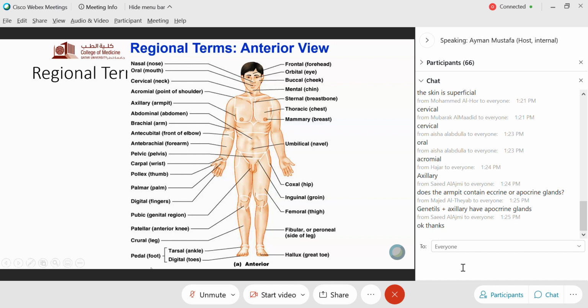What about your foot? The entire foot, we use the word pedal for it. So pedal means foot. Now, if I want to be specific, the area of the ankles, we call tarsal. And the toes, I'm going to call digital.